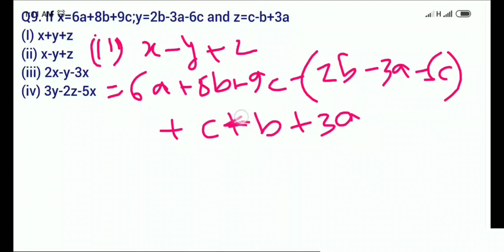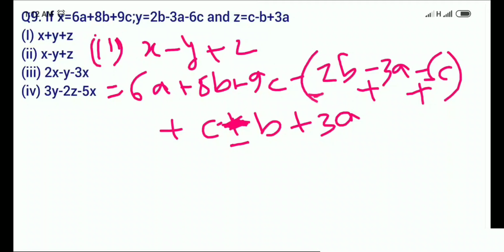Sorry, it's minus. This is minus. Change the signs of these. This will be plus, this will be plus, and this will be minus.